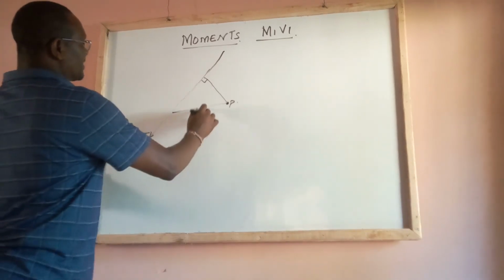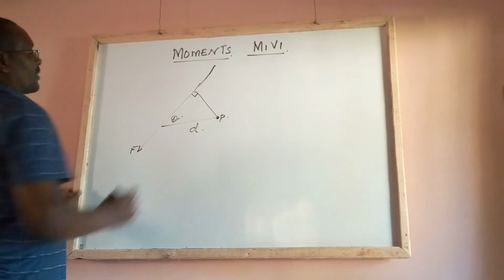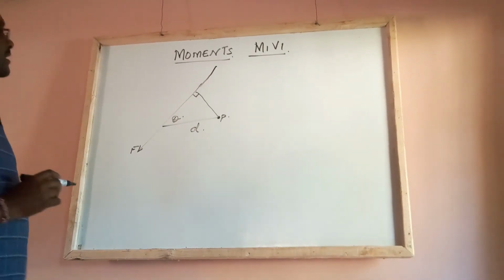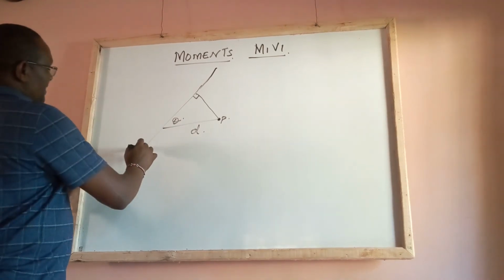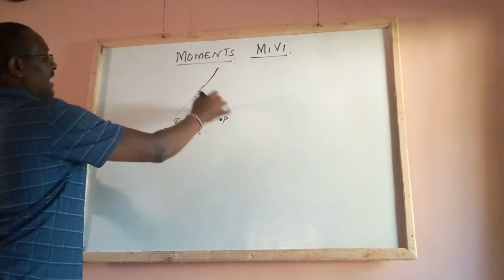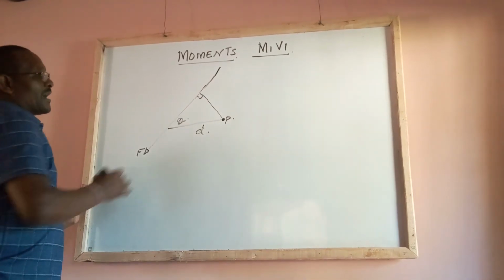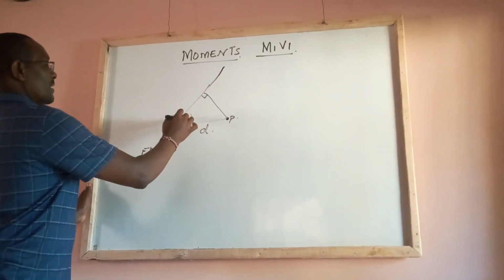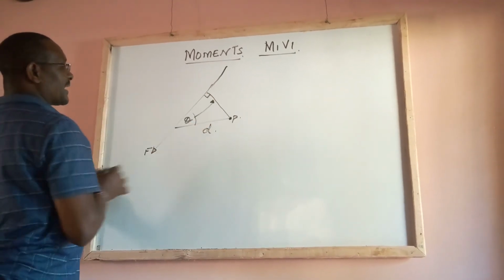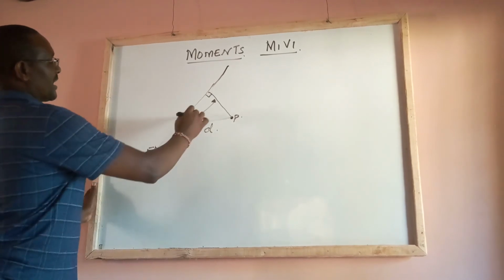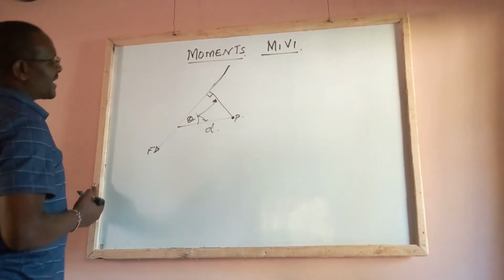If this is D, and we are told this is theta, of course here we have to use trigonometric ratios and understand that as much as we have the force, we don't have this perpendicular distance. So we will have to calculate it. As far as theta is concerned, this is the opposite side of theta, and this is the hypotenuse of the entire triangle.